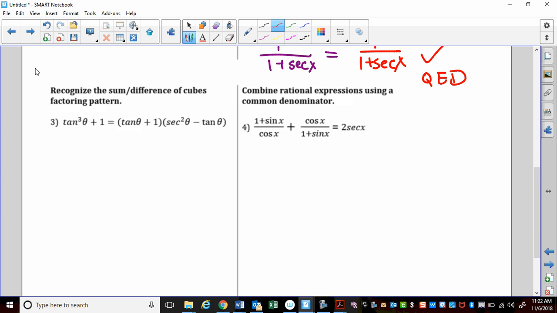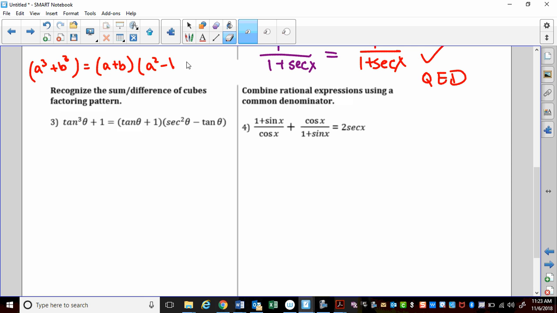Remember, if it's a cubed, I think this one is plus, right? a cubed plus b cubed is equal to a plus b times a squared minus ab plus b squared, right? So this is my a, and then this one is my b. So if I have this cubic, this is 1 cubed, this is 1.